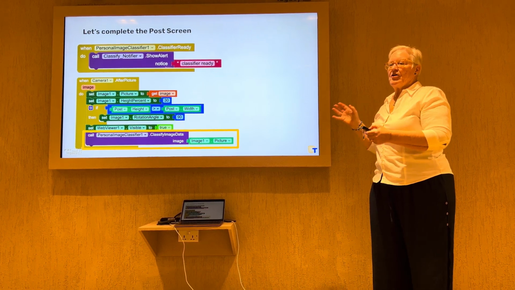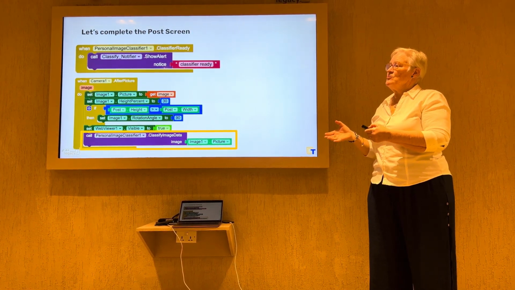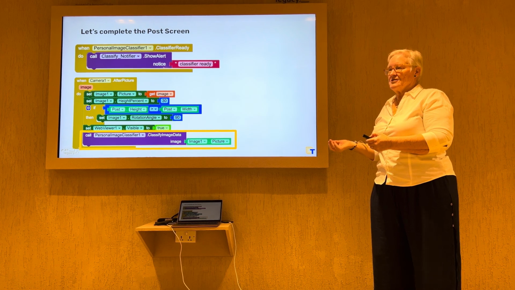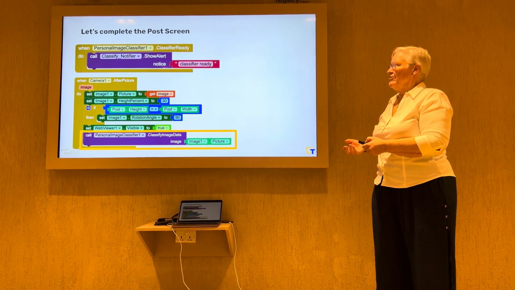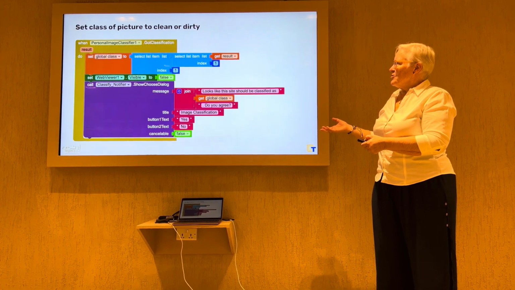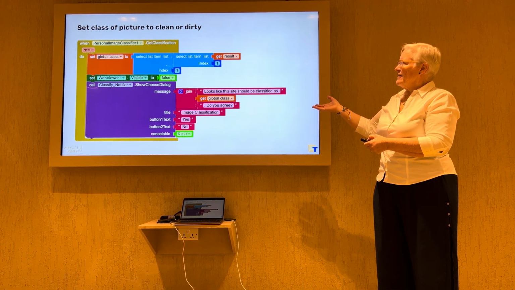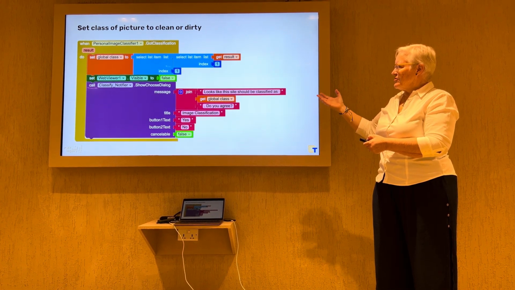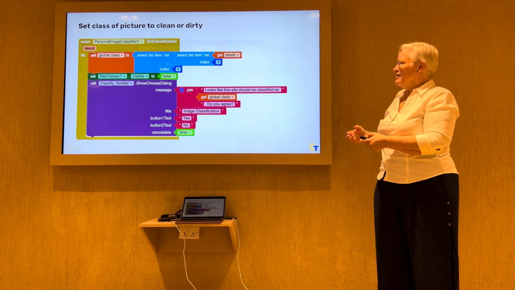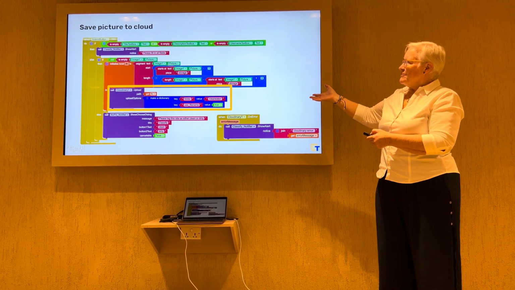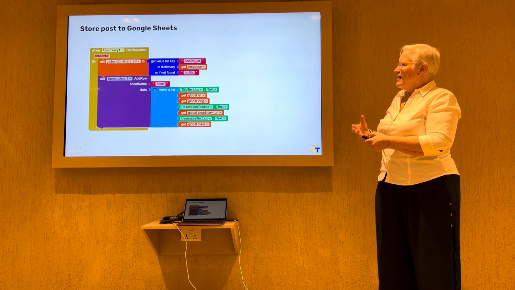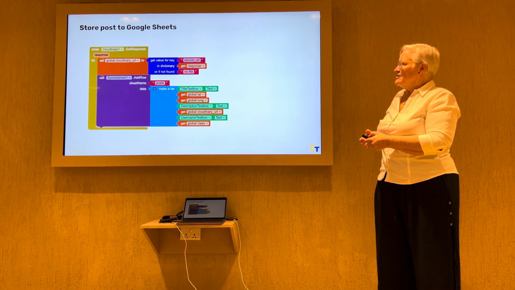So everything's color coded so that students get used to how it all works, and this is a great way for them to also learn how to code. So this is the post screen, setting the pictures to either clean or dirty based upon the classification, saving the picture to the cloud, and then finally storing the post to Google Sheets.